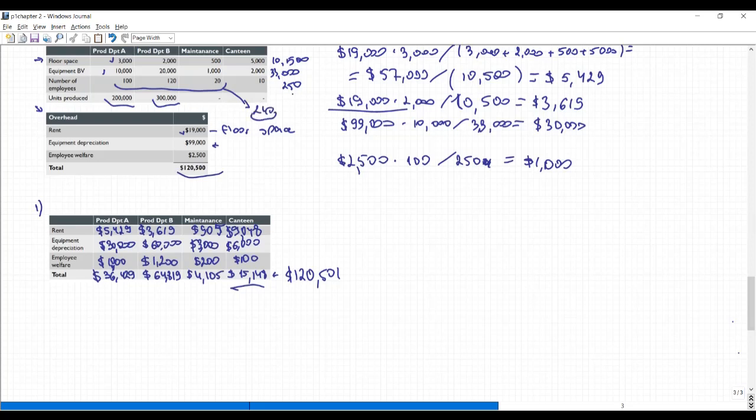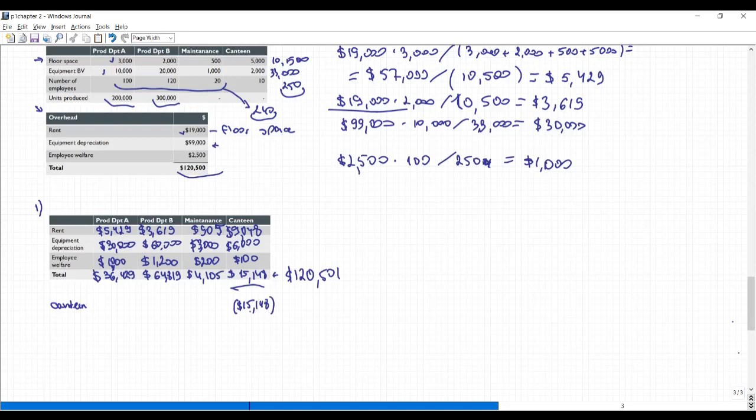It's going to be different from this 250, because in this case, we do not need to include the canteen department. We need to just spread all the canteen cost over the 3 departments. So we will reapportion: we will take away that 15,148 from canteen and spread it between the 3.